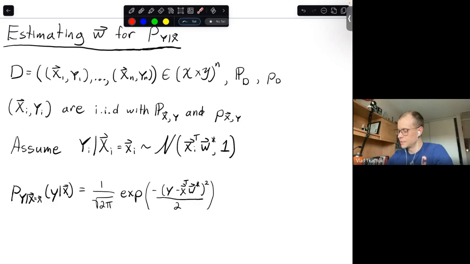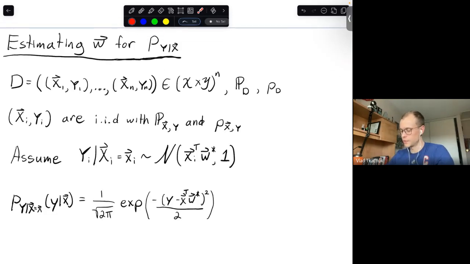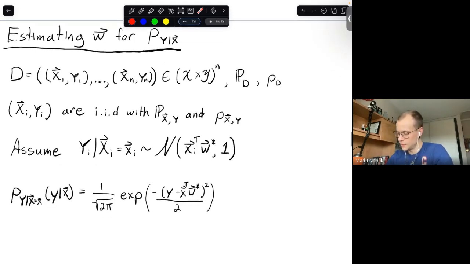Okay, and then the assumption we made in MLE, which is the one we're going to make now as well, is that the conditional distribution of the label y given the feature x is normally distributed with variance 1, but importantly that the mean, or the expected value, follows this linear relationship, which is there is some parameter w star that when you multiply it by the corresponding feature, you get the mean of this conditional distribution.